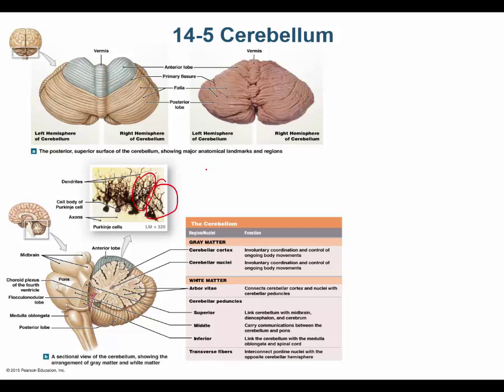It has what we say a comparator function, and I actually show you a comparator diagram at a later point. It compares what you're supposed to be doing, that means the plan from your cerebral cortex, to what you actually are doing, and then it makes fine adjustments as you go along. So it's a coordination muscle control lobe.